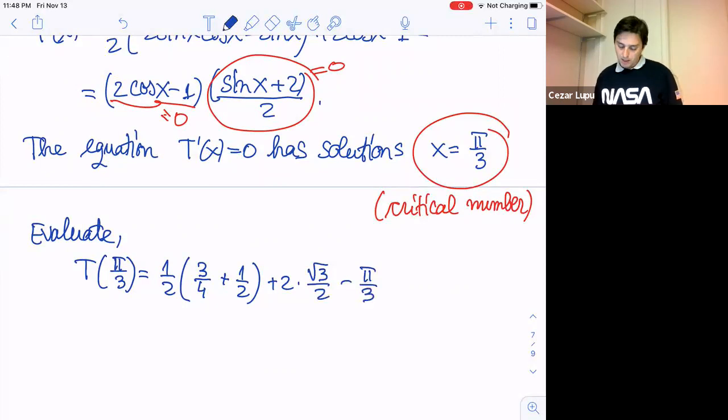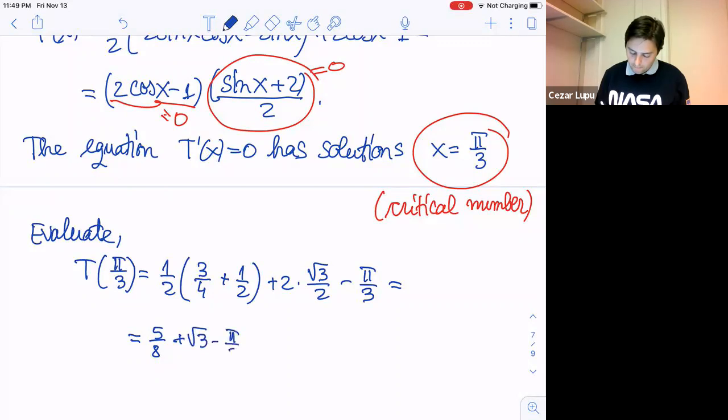I hope I didn't make any mistake. Well, it's the same in my notes as well. This would give us 5/8 plus square root of 3 minus pi/3. Approximately, with a calculator, this would be 0.93.